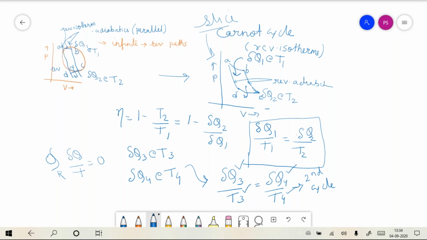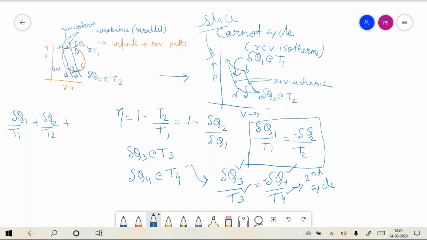So if I rewrite this, for the first slice you would say del Q1 by T1 plus del Q2 by T2, since this is minus.